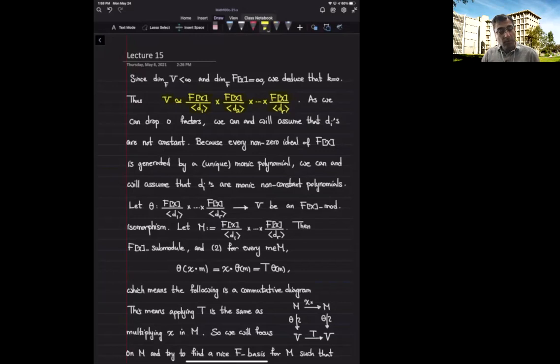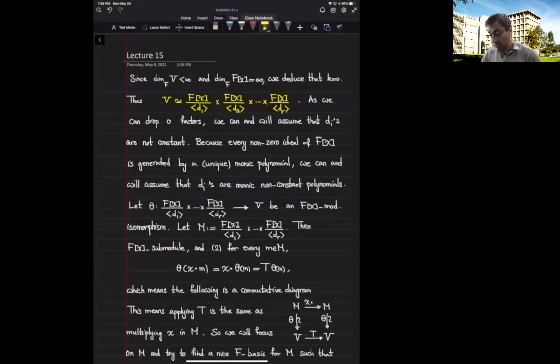And moreover, because only the ideals generated by these are important, I can multiply by the inverse of the leading coefficient and assume that they are monic polynomials. So altogether, we are getting monic non-constant polynomials d1, d2, ..., dr, each one dividing the next one, and my vector space is isomorphic to the Cartesian product of these quotient modules as an F[x]-module.